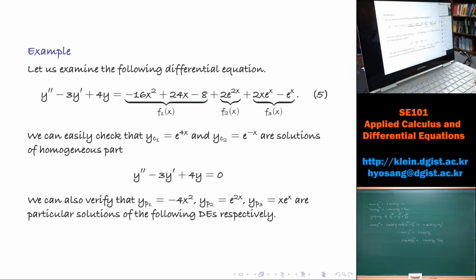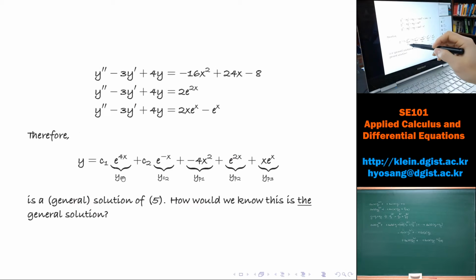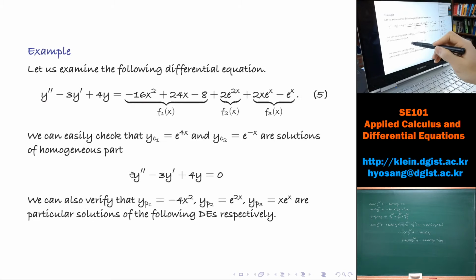And then this sum of yc1 and yc2 with arbitrary constants c1 and c2 is a general solution to the homogeneous differential equation here because of principle of superposition 1.